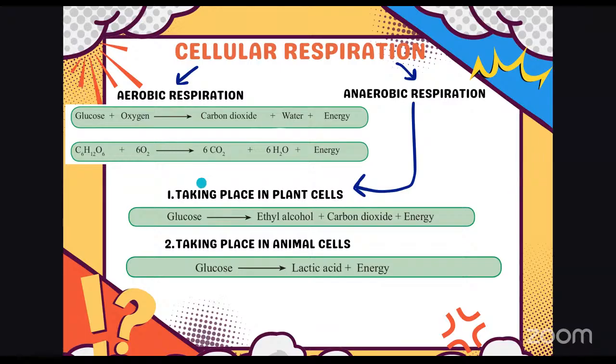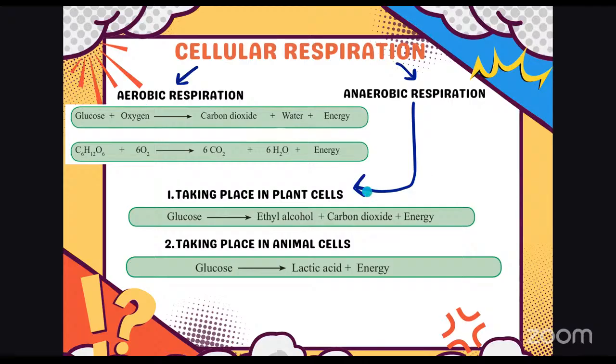Whatever is happening in the plants is called ethyl alcohol fermentation, and whatever is happening in animals is called lactic acid fermentation. Aerobic respiration, where glucose and oxygen give us carbon dioxide and water, happens in all living matter, even in plants and animals.